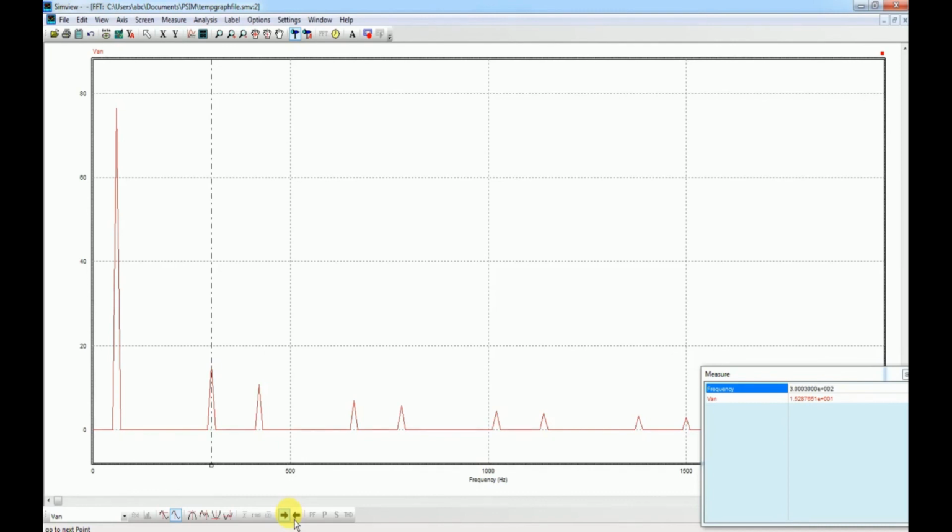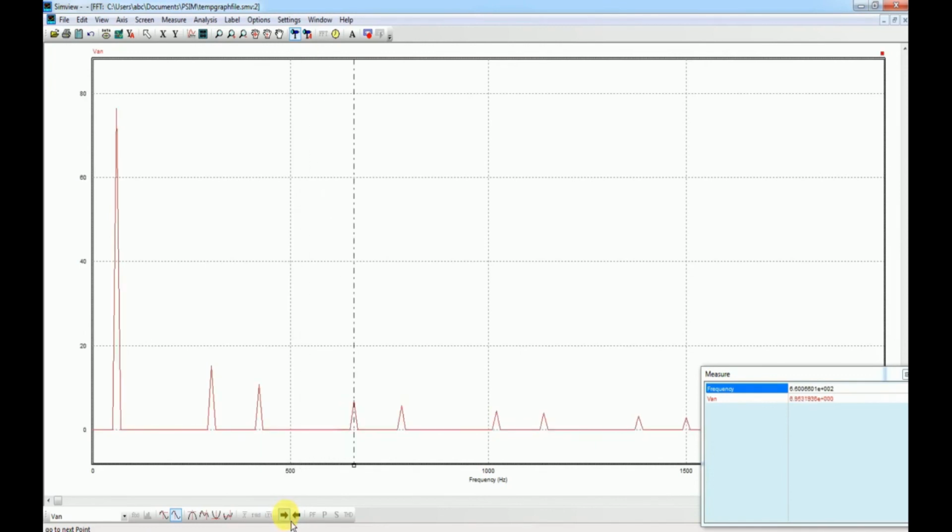You can see at this 300 hertz we are getting a peak with an amplitude equal to 15.2 volts. Thereafter we should see the seventh harmonic. The seventh harmonic is there, at 420 hertz, and it has some value. Thereafter we will not see any multiple of the third harmonic, that is, there is no ninth harmonic.